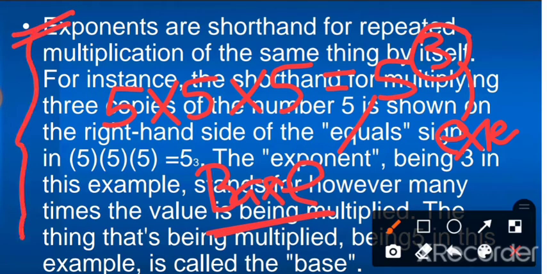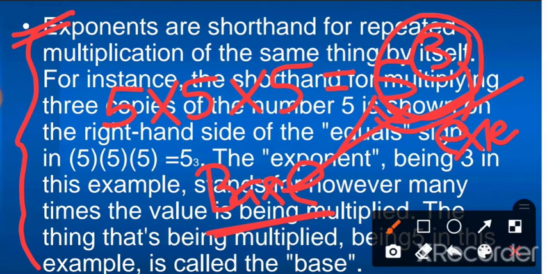This statement says that when any number is multiplied 2 or more times, we can write it in the format of power and exponent. So we will write 5 to the power 3. 5 to the power 3 means 5 multiplied by 3 times. It means 5 is the base and 3 is the exponent.